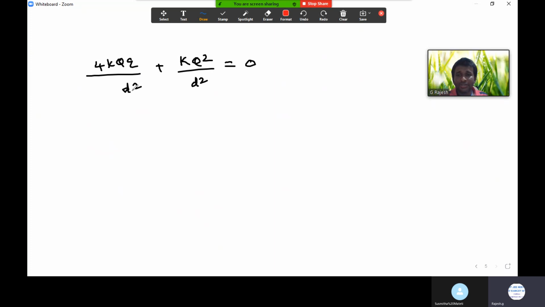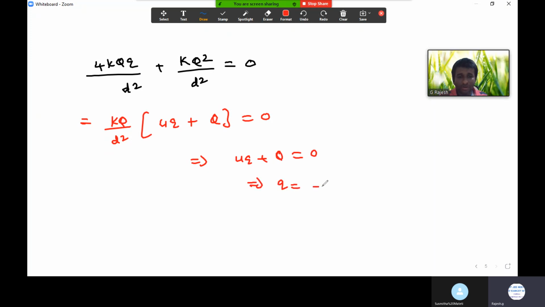Now see here, k Q by d square is common. So 4q plus capital Q equals 0, which implies q equals minus Q by 4. So this is the answer.